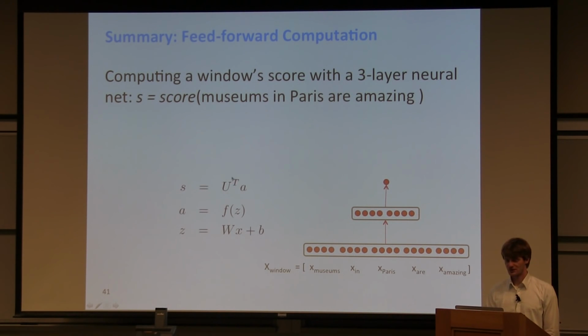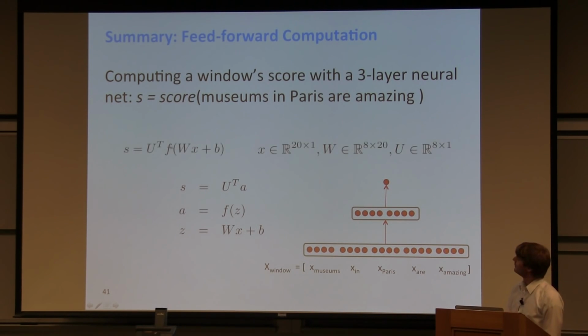That score is just U transposed times a, which is just a simple inner product. So we can now define the entire computation as U transpose times f of Wx plus b. And that's the definition of our first useful 3-layer neural network, or 1 hidden layer neural network.